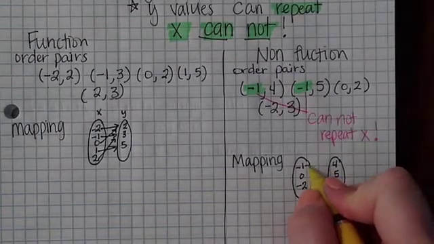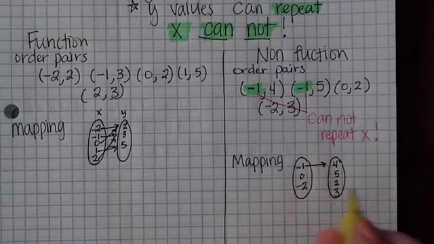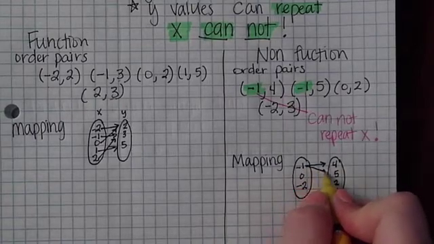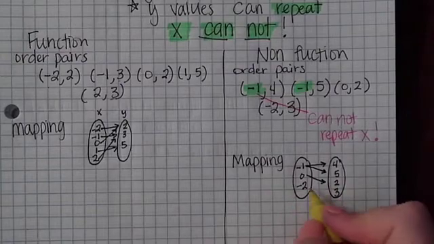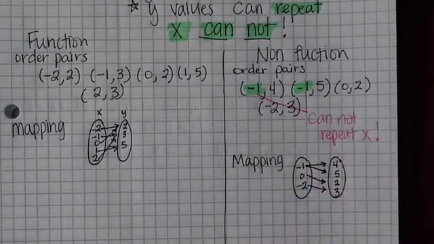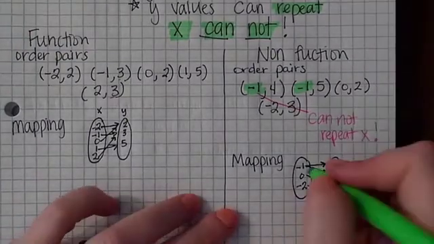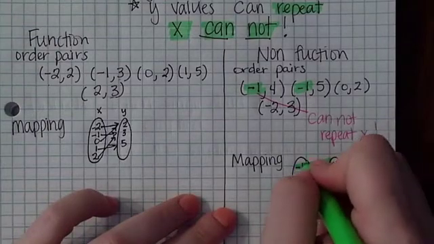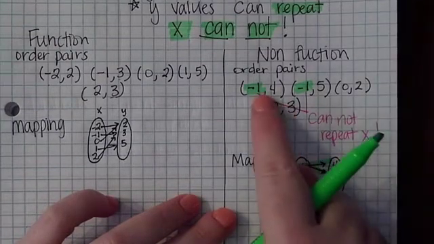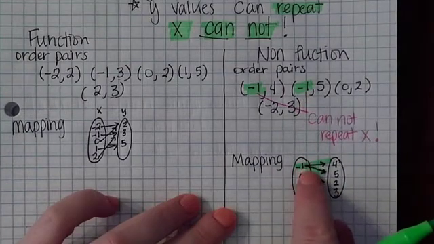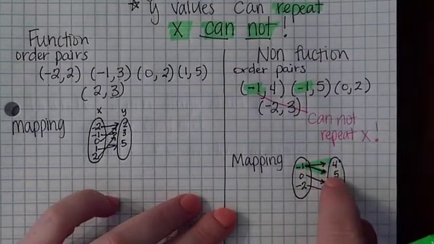So -1 to 4, -1 also goes to 5, 0 goes to 2, -2 goes to 3. So this right here is what makes it a non-function. -1 repeated because there's an arrow going to two different numbers.